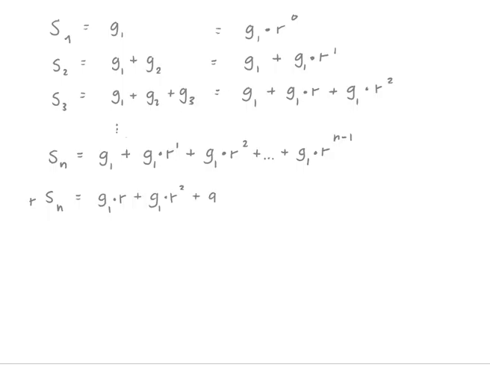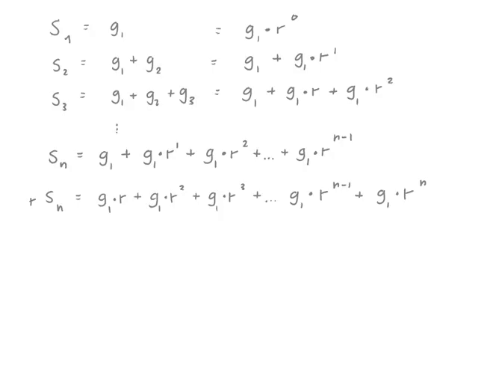And then we've got G1 times R to the third plus dot, dot, dot. I'm going to have G1 times R to the n minus 1 plus I'm going to have G1 times R to the nth power.